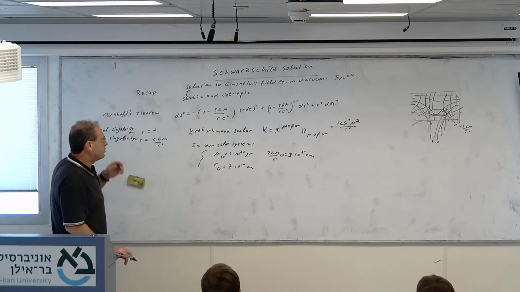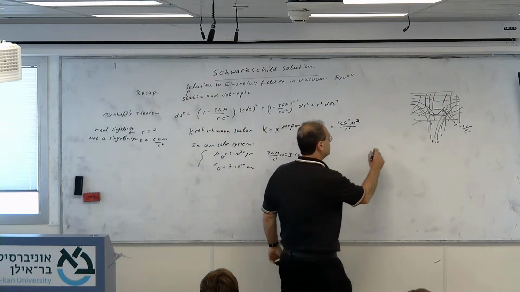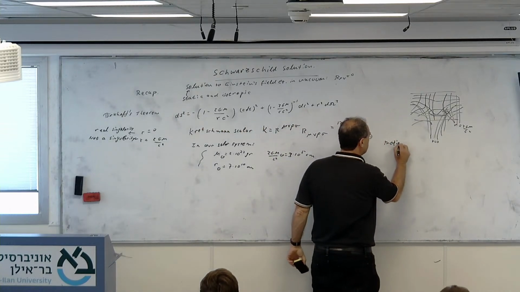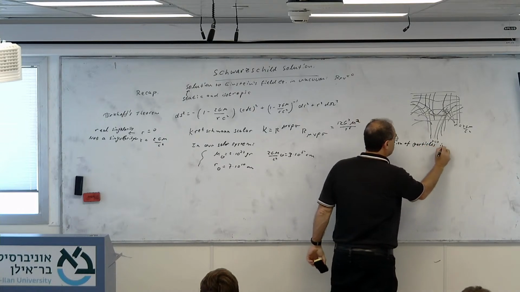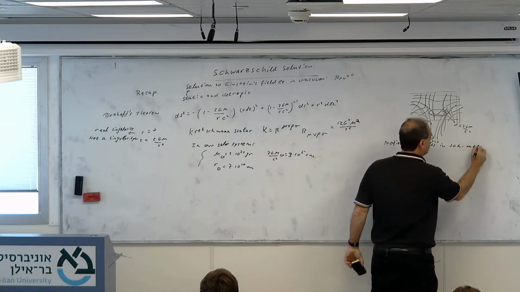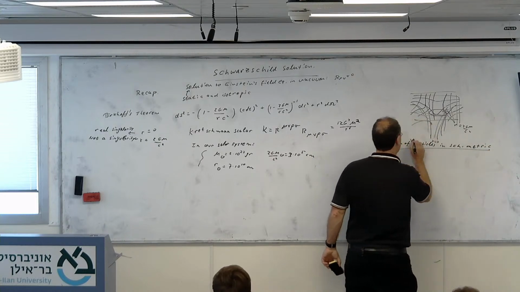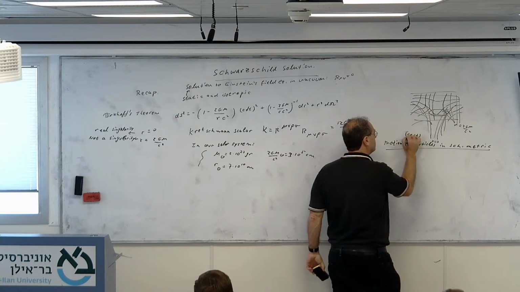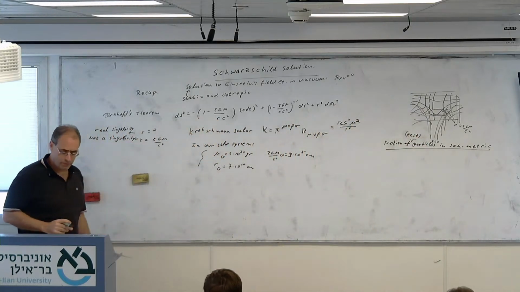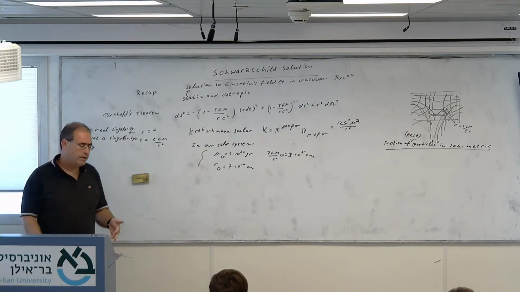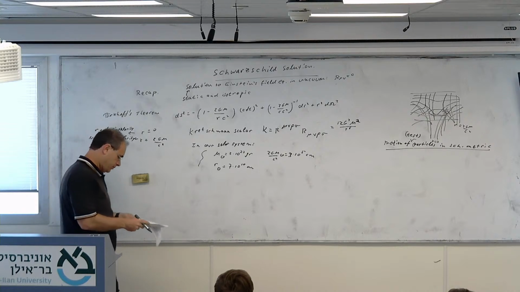Then we said, okay, let's look at trajectories of particles. So motion of particles. Really what we care about is test particles, so particles whose existence does not affect the metric. And then we said, okay, we can write down the geodesic equations, which turn out to be lengthy to solve.